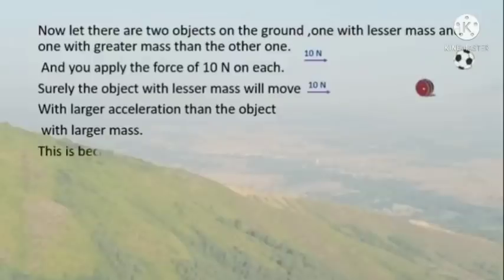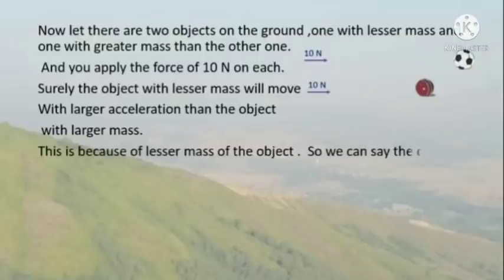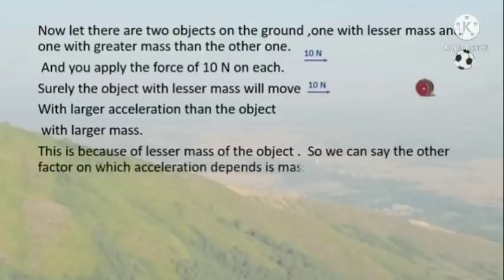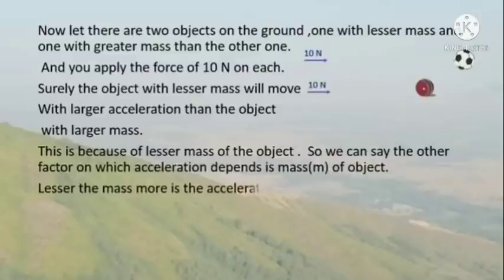This is because of lesser mass of an object. So we can say the other factor on which the acceleration depends is mass of an object. Lesser the mass, more is the acceleration. In other words, acceleration depends inversely on mass of object.